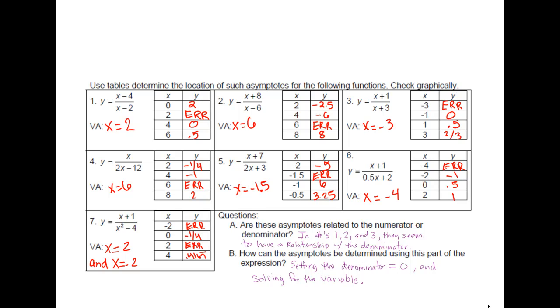The reason for this is that when the bottom of a fraction is equal to 0, it's undefined. It can't be happening. So anytime that the bottom is 0, it's going to be your vertical asymptote.